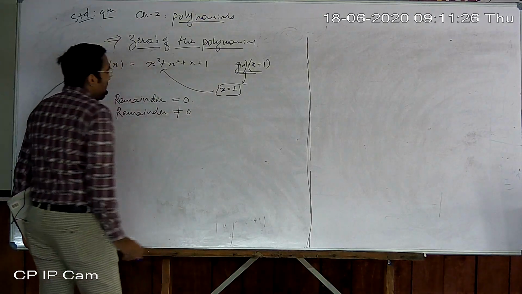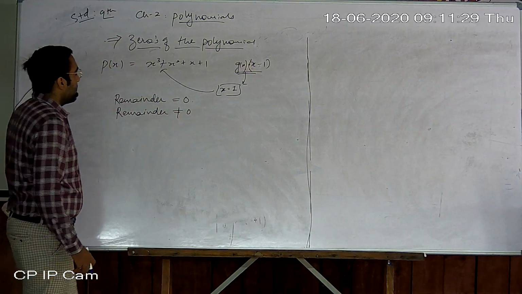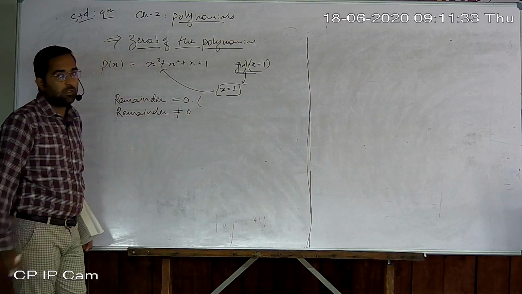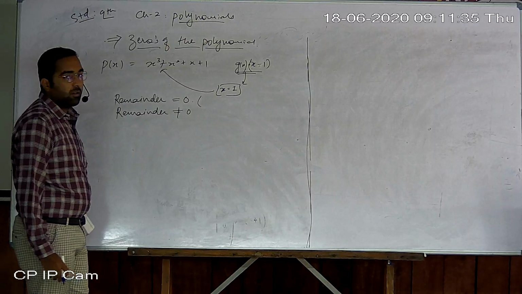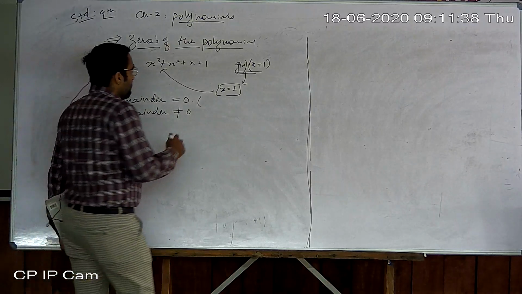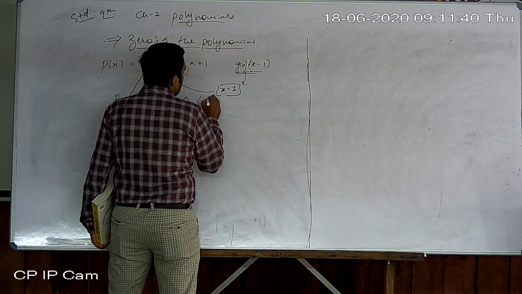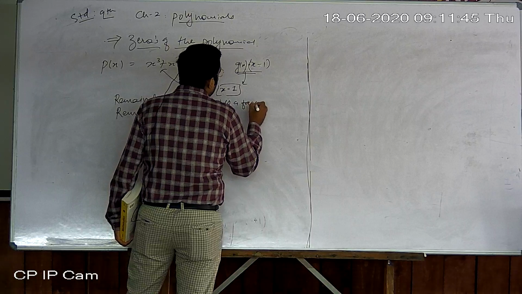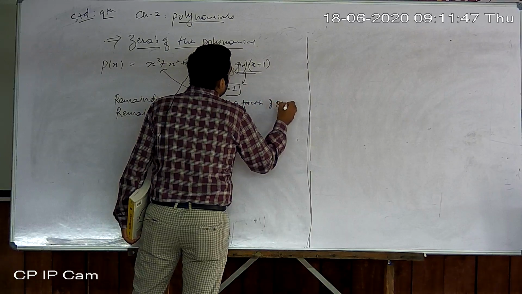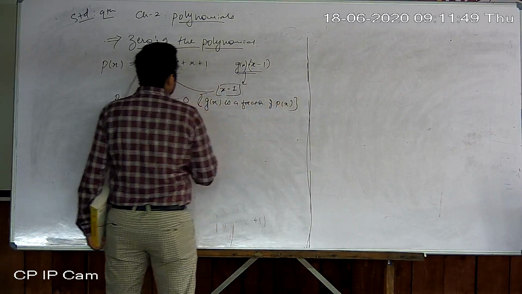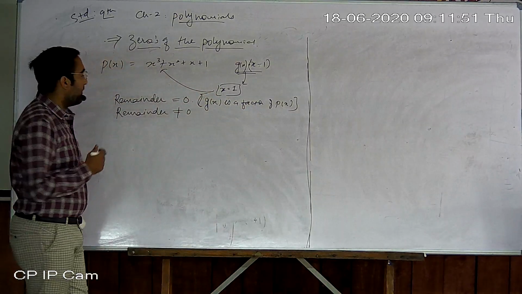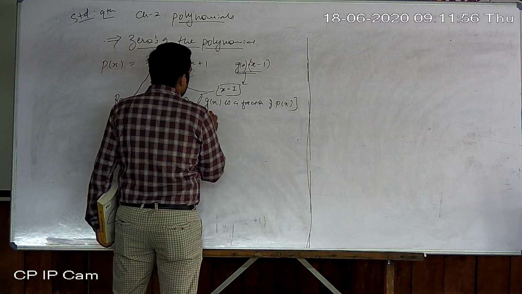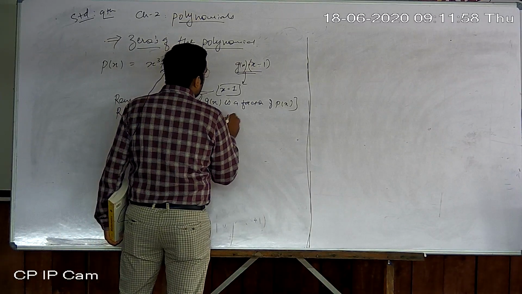Okay, in first case, if we find remainder comes 0, then what we say? g of x is a factor of p of x. Then in second case if remainder does not come 0, then in this case what should we write?